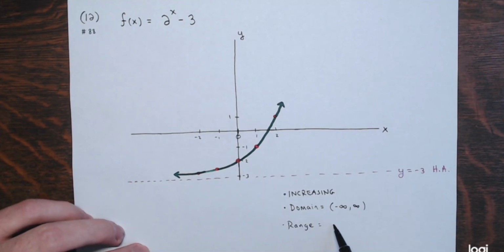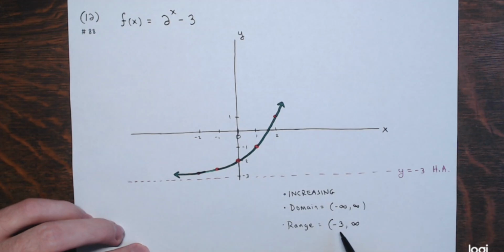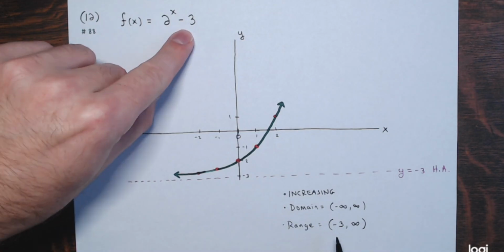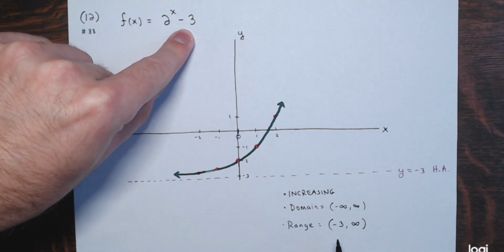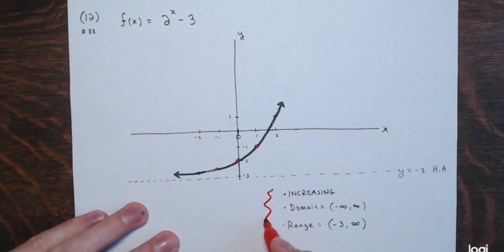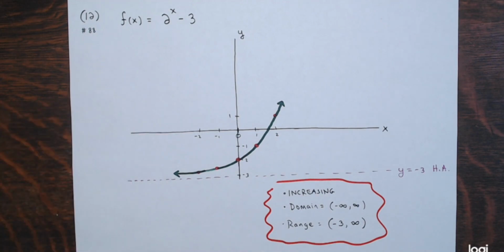So we're going from -3 and up, but not including -3. Y equals -3 is not actually hit. So the range changes when you're adding or subtracting some number after the function. So please keep that in mind. The range changes when the asymptote moves. Okay, next question.